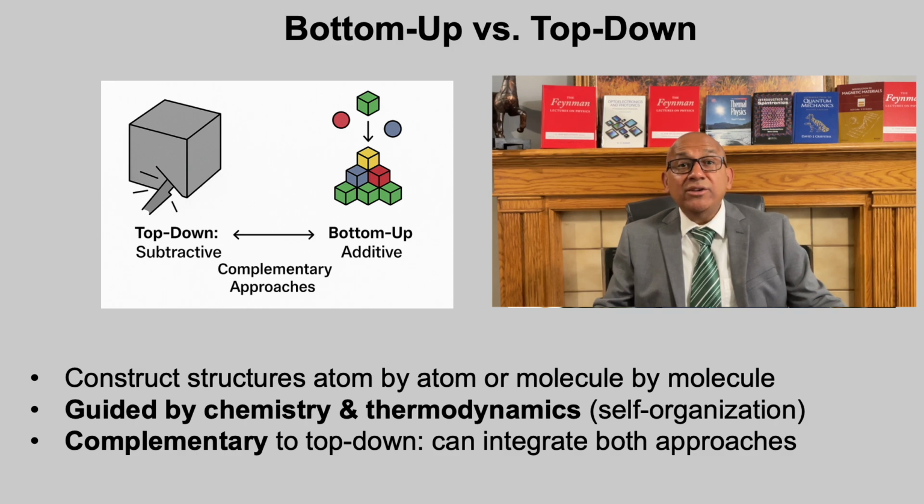It does not replace top-down. Rather, the two approaches complement each other. For example, top-down lithography can define large-scale patterns, while bottom-up assembly can fill in the nanoscale details. Together, they enable structures beyond the resolution and cost limits of conventional lithography.